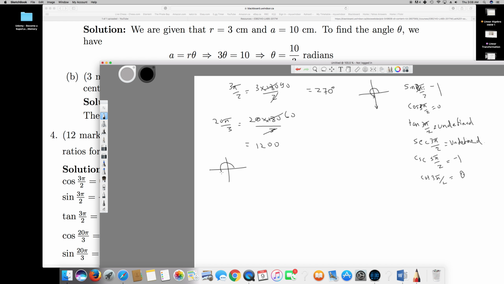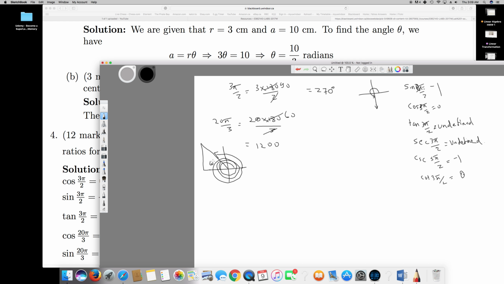So 360, 720, 1080, 1080 plus 120 is equal to 1200. 120 degrees is going to be exactly in the second quadrant, and it's making 60 degrees with the horizontal line.